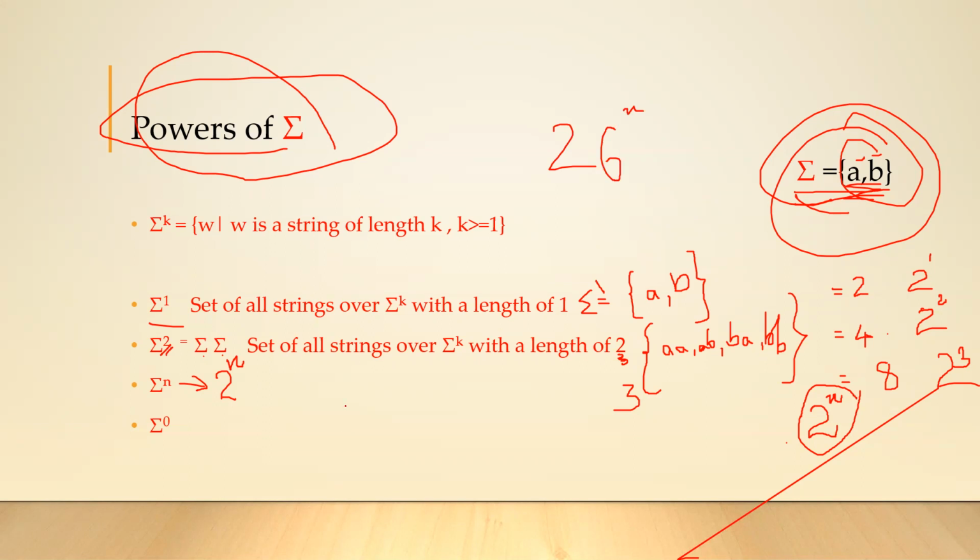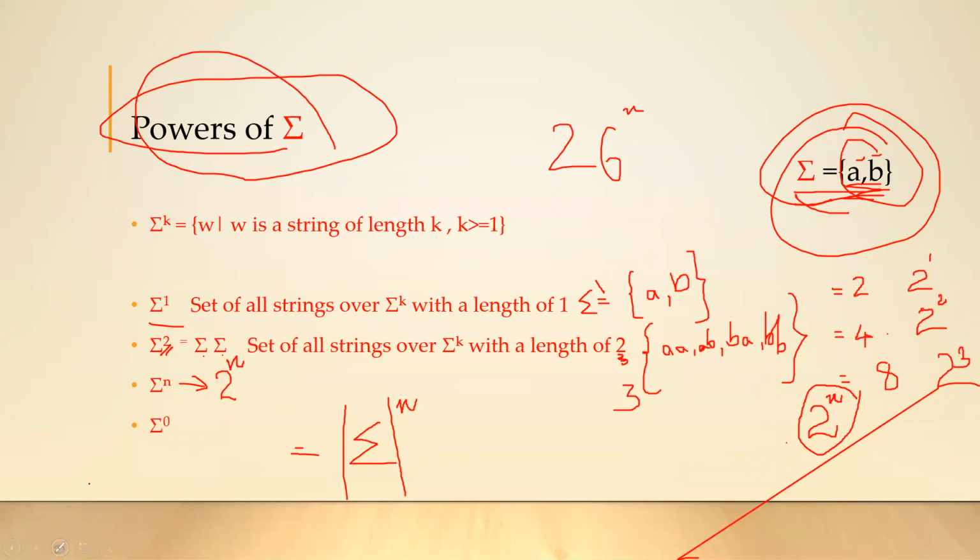Or I can say the total number of strings which can be constructed from a given alphabet of a given length n is the length of the alphabet, whatever it is, raised to n. These are the set of all strings which can be constructed from a given alphabet with a length n.